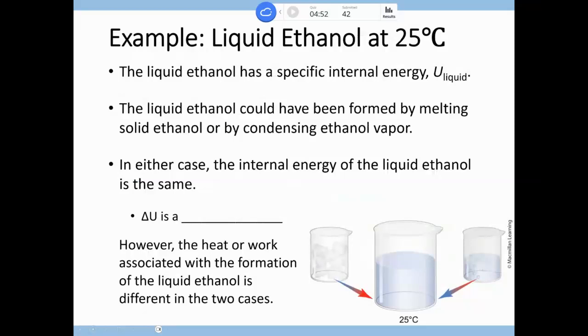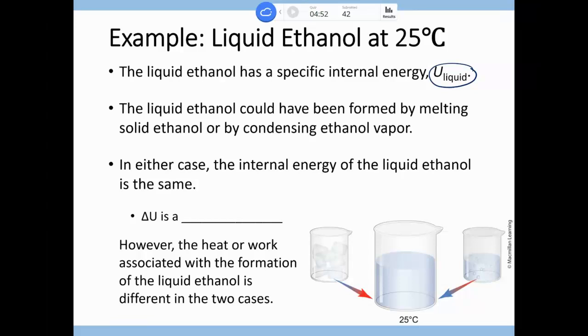So here's an example more closely related to chemistry. So liquid ethanol, which is shown at 25 degrees Celsius in this beaker, has a specific internal energy. We're just giving it the letter capital U with a subscript liquid for liquid ethanol.